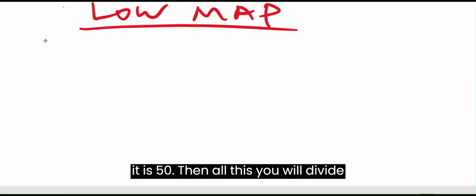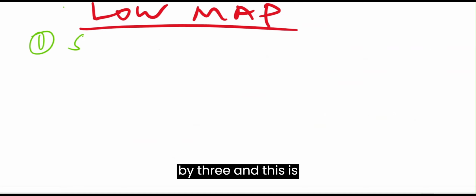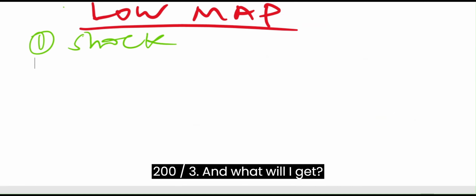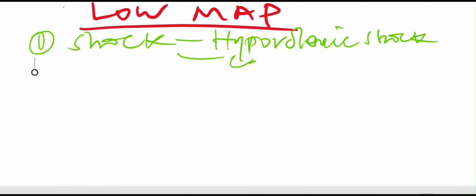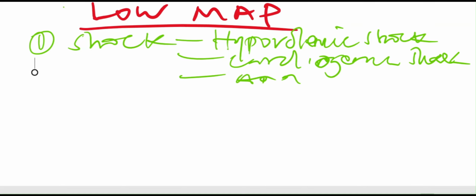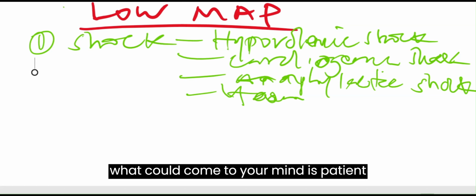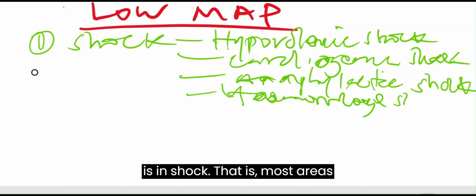When your patient has low MAP, number one, what will come to your mind is the patient is in shock. That is, most areas are not supplied well with blood. And such kind of shock could be hypovolemic shock, could be cardiogenic shock. We could have anaphylactic shock. We could have hemorrhagic shock.